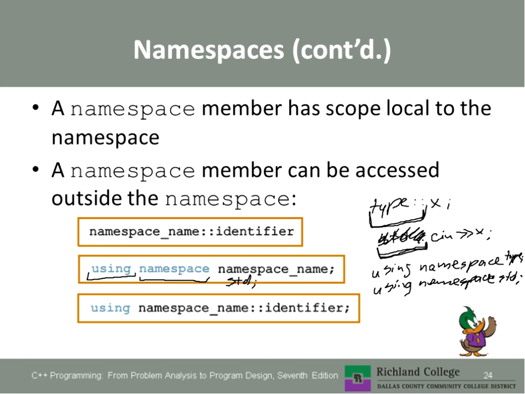So we can still have those. Now the only problem is, if for some reason std has an X in it and type has an X in it, now the computer is still going to give you a syntax error because now it's ambiguous.